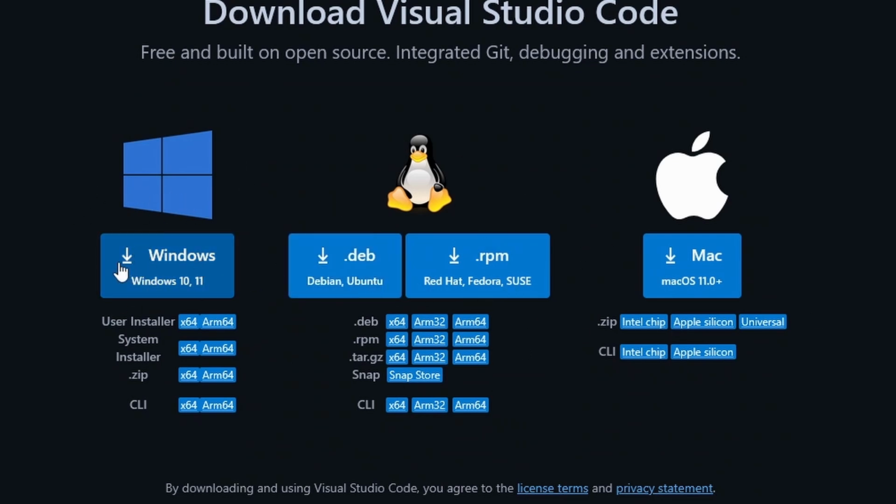If it is Windows, you download here. If it is Linux, you can download whichever distribution you are using, and if it is Mac OS, you can download here. So if it is Windows, you just click here and download.